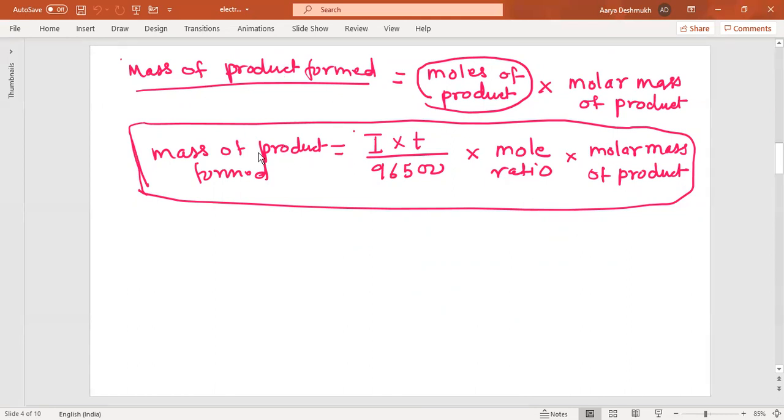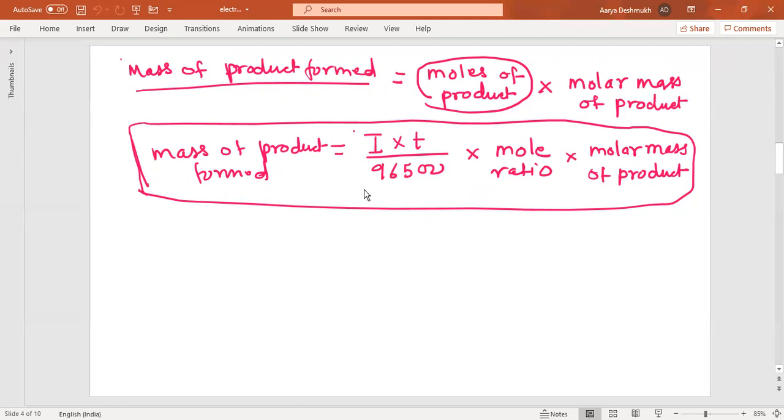If you sum up all these four steps together, the mass of the product formed can be calculated by I into T divided by 96,500. This I into T is nothing but Q. Q divided by 96,500 is the actual moles of electrons passed here.